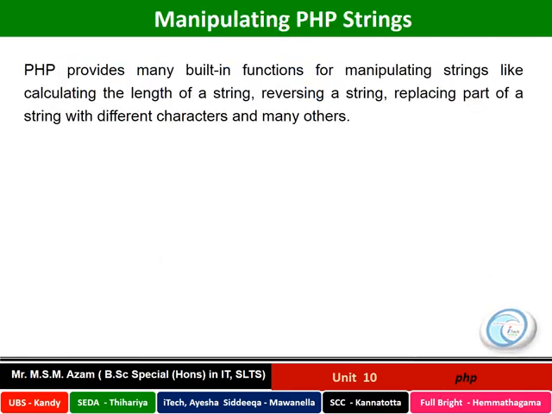Manipulating PHP strings. PHP provides many built-in functions for manipulating strings, like calculating the length of a string, reversing a string, replacing a part of a string with different characters, and many others.